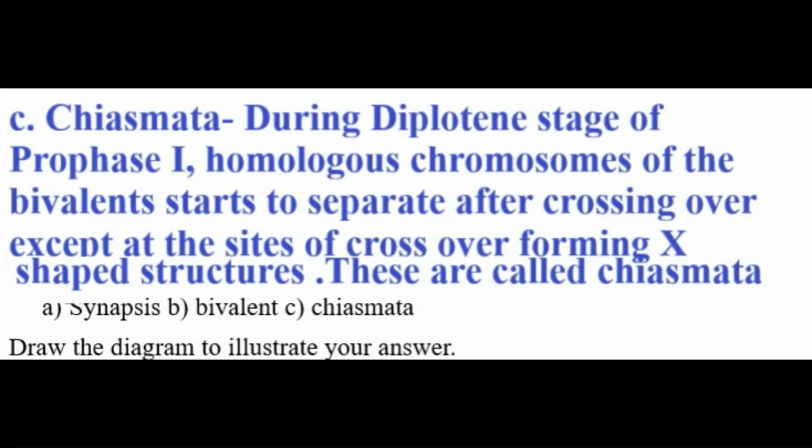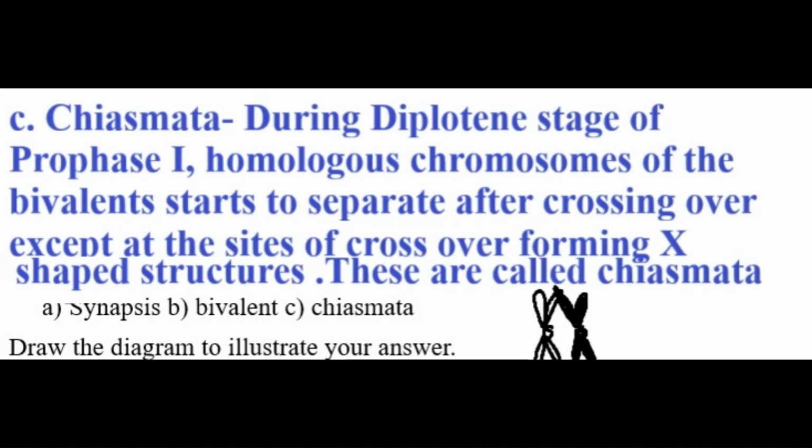Chiasmata means during the diplotene stage of prophase 1, the homologous chromosomes of the bivalent start to separate after the crossing over, except at the sites of crossing over.